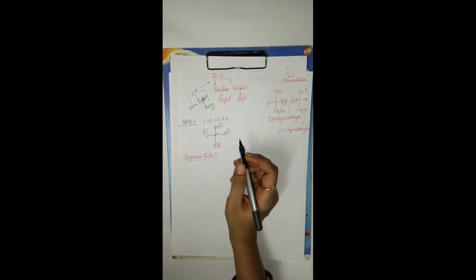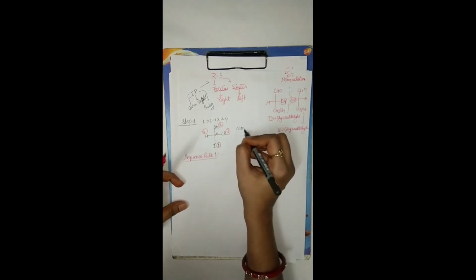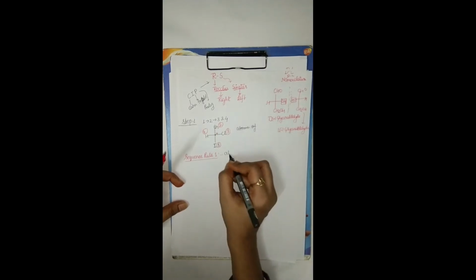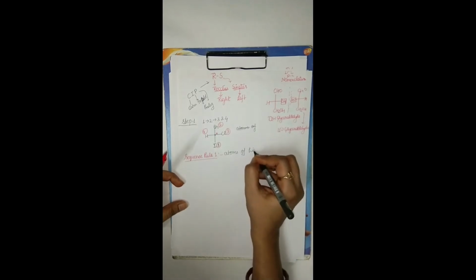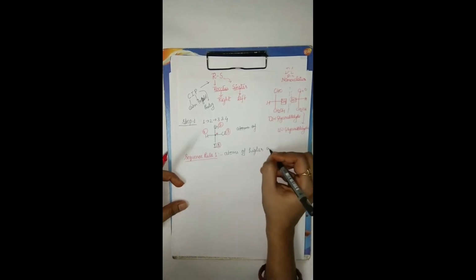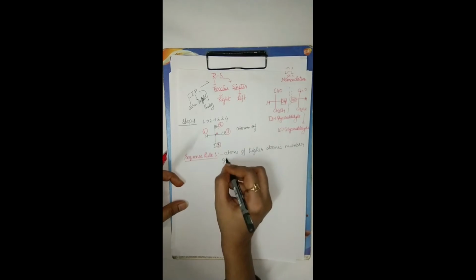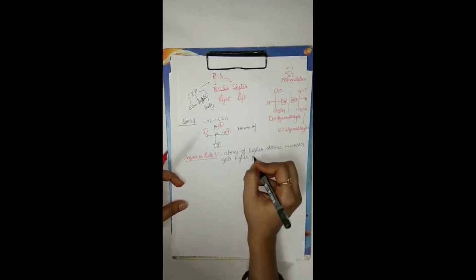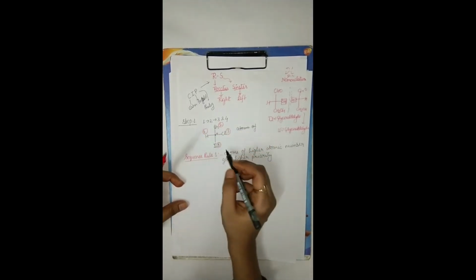Conclusion is this: the atoms of higher atomic number get higher priority. This is the sequence rule number 1.